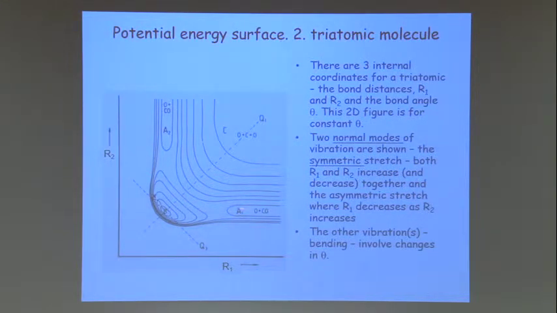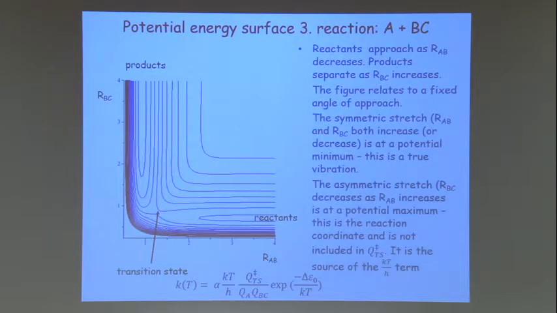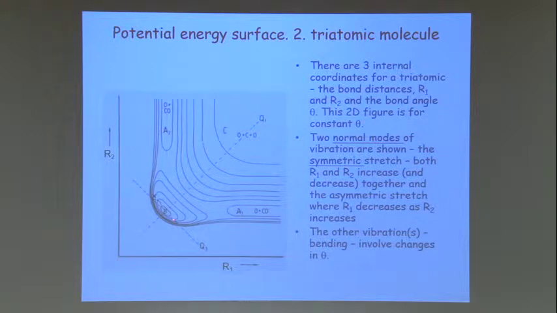So this could, for example, be CO2. And there is a third dimension, which is the bend, but we're keeping that angle constant in this case, at 180 degrees. And so this is a potential energy well down here.